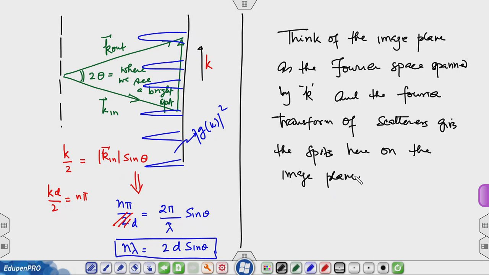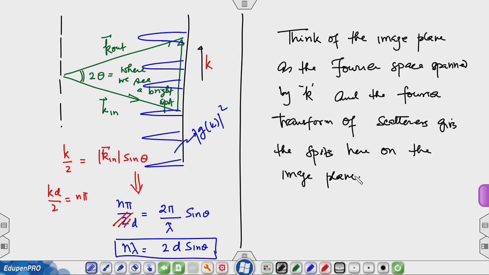So, whenever I have a diffraction and this diffraction or scattering is taking place due to certain scatterers, I take their Fourier transform, and whatever I see in that Fourier space is going to be the image that I see on the screen, and that is going to be our result in X-ray scattering also.